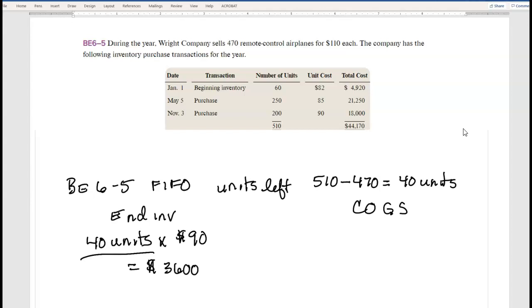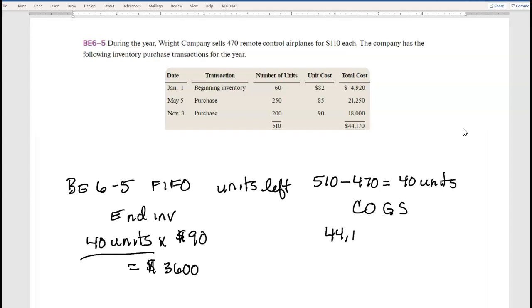Now, we could do cost of goods sold. We could say 470 units were sold, 60 at 82, 250 at 85, and the remaining amount, which is 160 at 90. And I could add all that up, multiply it out, and add it all up. But I don't really need to do that because I know those two numbers must equal 44,170.